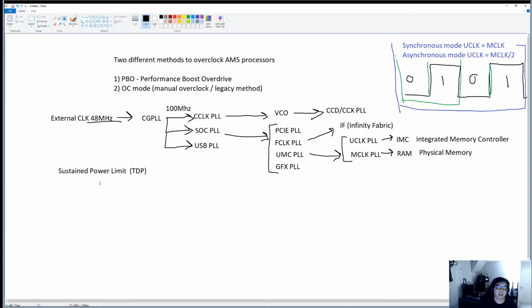So that 105 eco mode, or the 105 watt TDP, effectively makes the processor limit itself to what the AM4 processors had. I keep wanting to say AM3 for some reason, but AM4, because Zen 4 and AM4 is weird. Basically the 5950X had a TDP of 105 watts, whereas the new 7950X has a TDP of 170 watts. That's the stock out-of-box configuration.